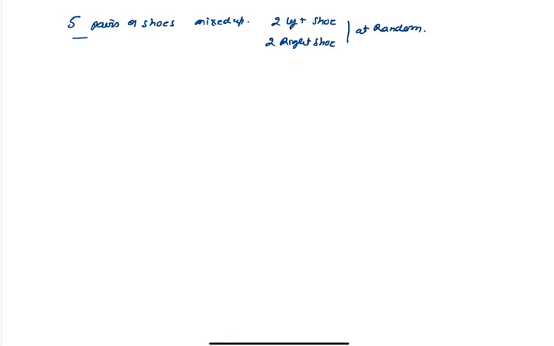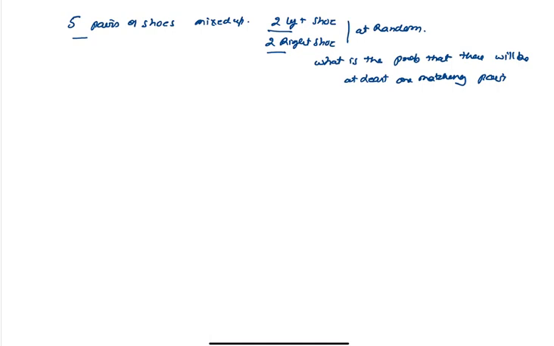Five pairs of shoes, you pick up two left shoes and two right shoes at random. And if you do that, what is the probability that there will be at least one matching pair?